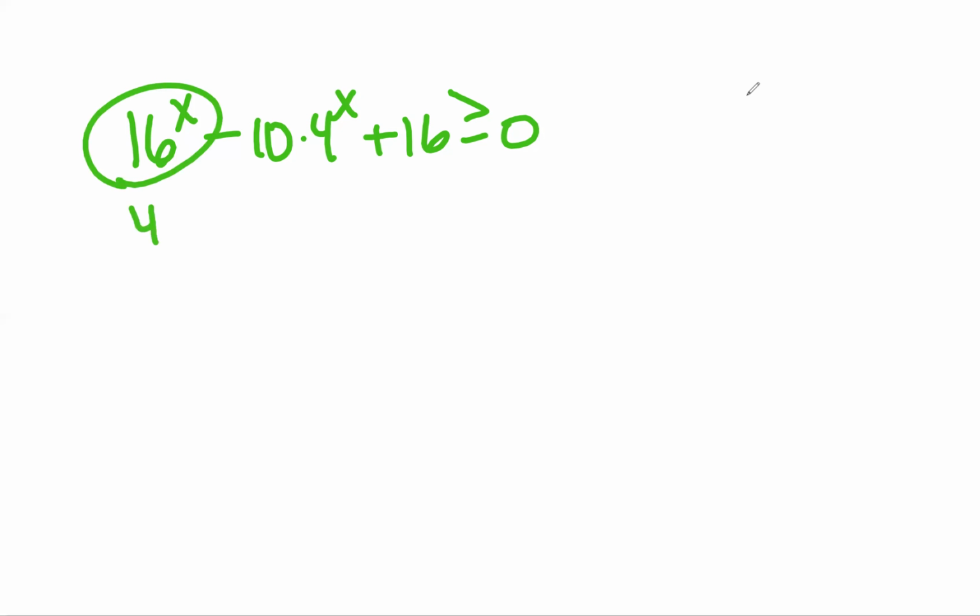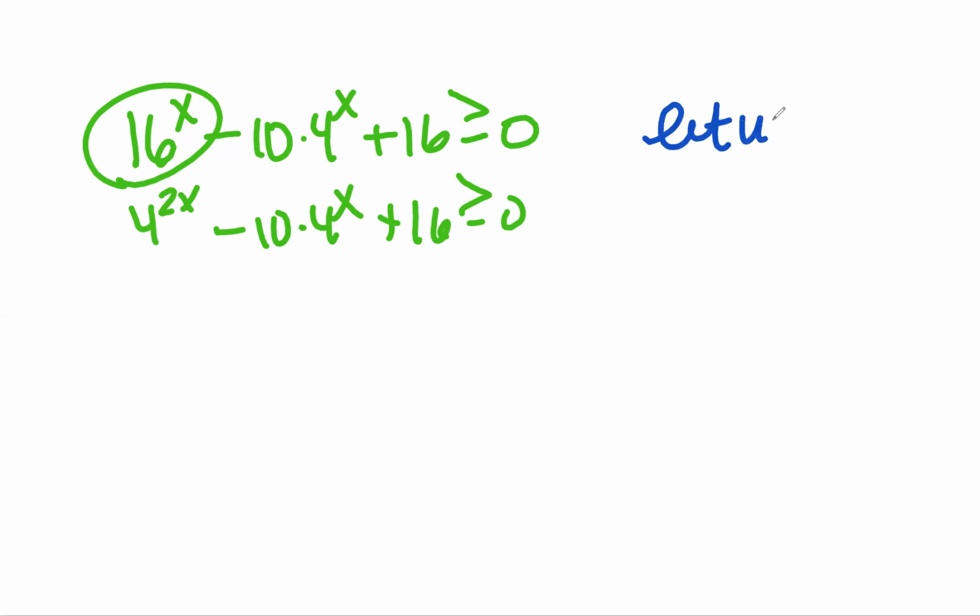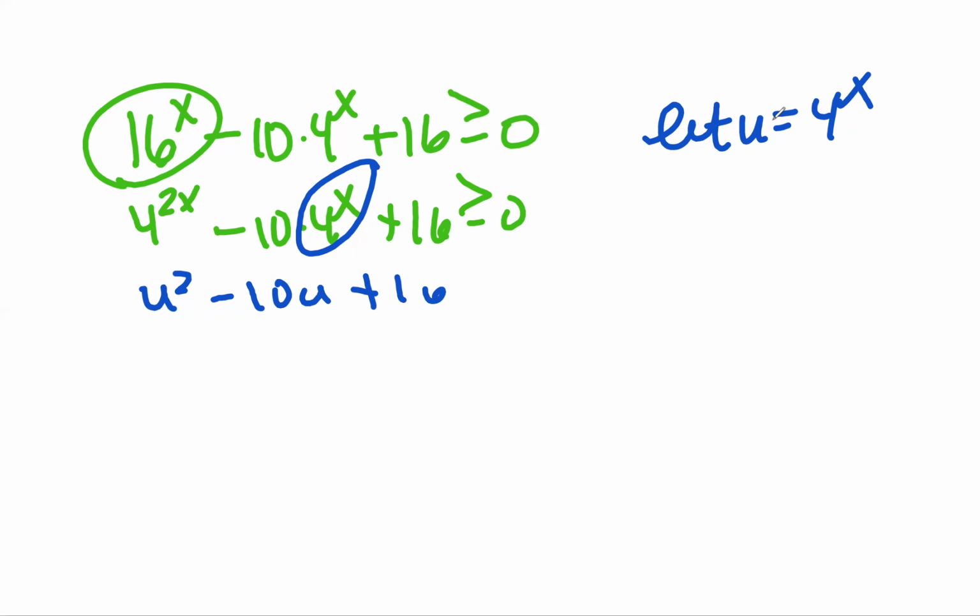So 4 to the 2x minus 10 times 4 to the x plus 16 is greater than or equal to 0. And if I decide I'm going to let u equal 4 to the x, remember we used this one. So that is u squared minus 10u plus 16 is greater than or equal to 0.